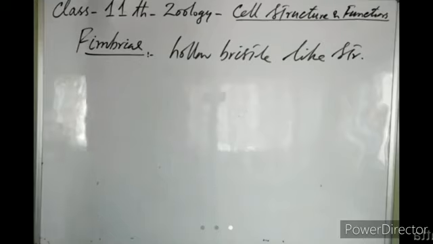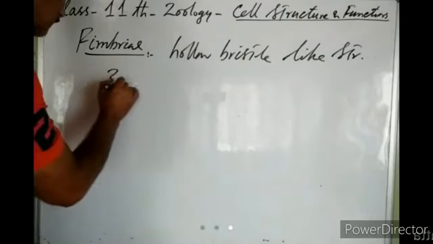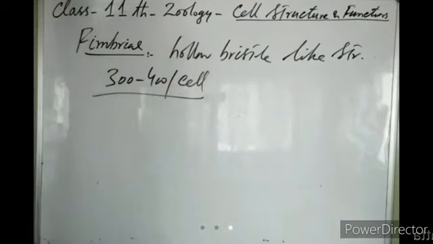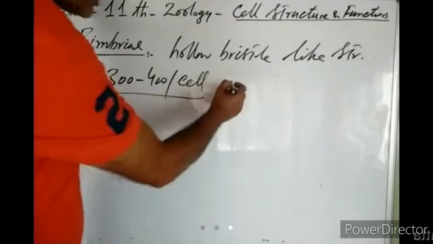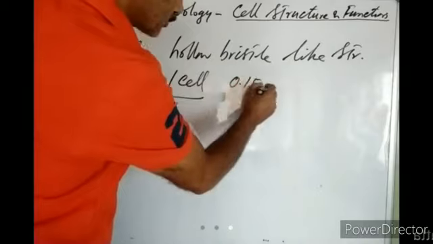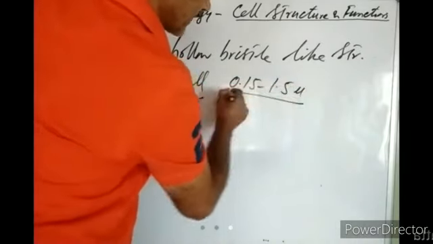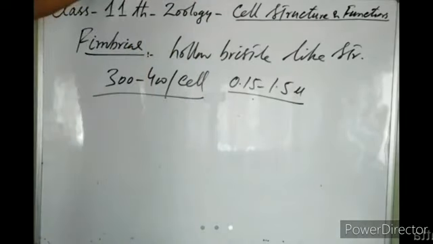The number of fimbriae is some 300 to 400 per cell. And they are shorter than sex pili. They measure just 0.15 to 1.5 microns in length, much shorter than sex pili.